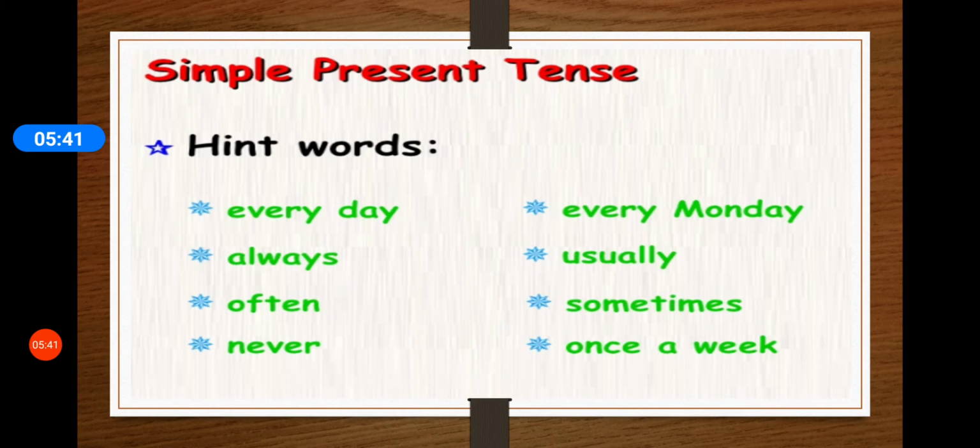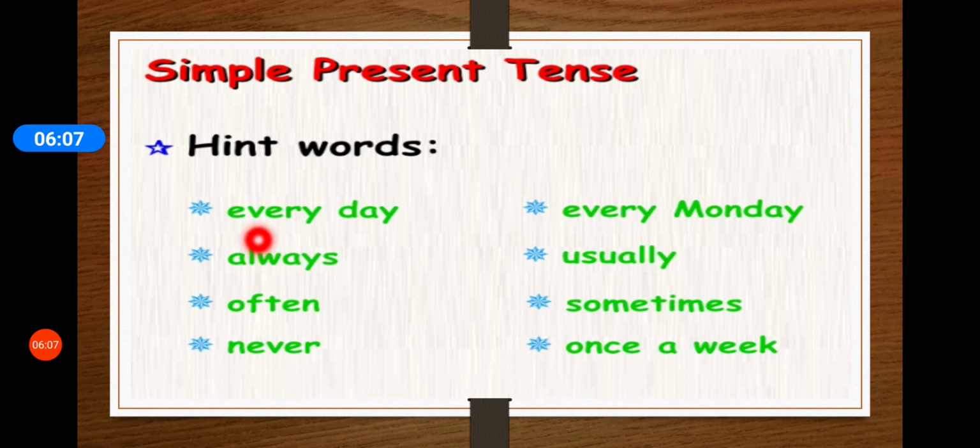Now, there are certain hint words in the sentences. So, we have to mark those hint words in the sentences so that we get to know that the sentence is in simple present tense. So, what are the hint words that help you to spot simple present tense? Every day, something that you do every day.